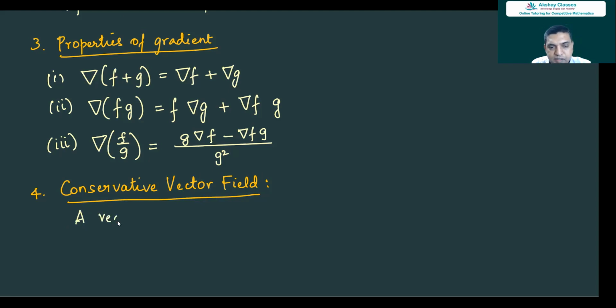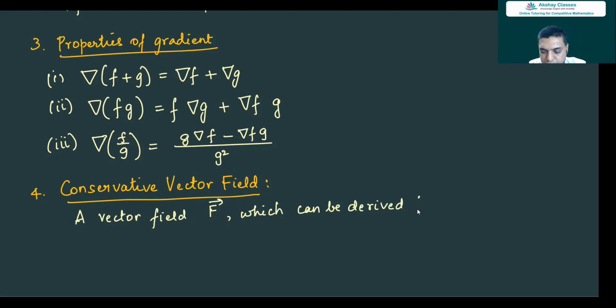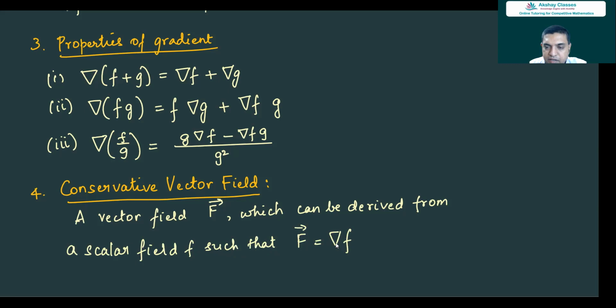A vector field F bar which can be derived from a scalar field f such that F bar is grad f.